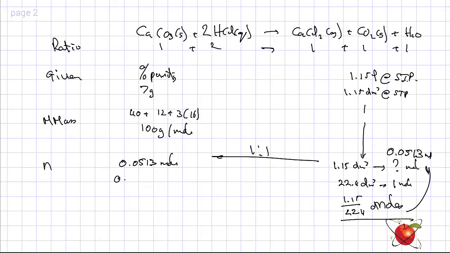In other words, how many grams of CaCO3 had to decompose, assuming it was all 100% pure. So we say it's 0.0513 times 100 is going to be equal to 5.13 grams. So what are we saying? We're saying that 5.13 grams of CaCO3 in the original mixture would have given us that.